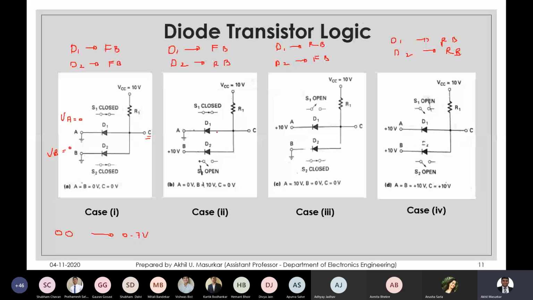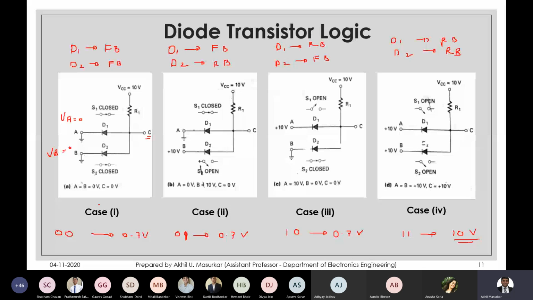Here in this case, since both these diodes are actually in parallel, D1 and D2 are in parallel, even if one of them is on, still the voltage drop across the diode is going to be 0.7 volts. Here also for 1 0 it will be 0.7 volts, and for 1 1 it is going to be 10 volts.